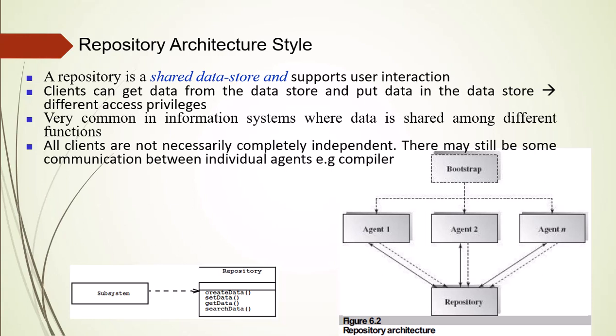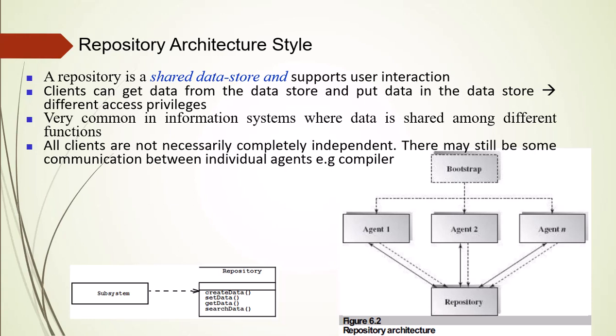It supports user interaction. Clients can get data from this data store and put data again in the data store. This means the users on the client side, the agent side, can retrieve the data, and then after processing or manipulating it, the data goes back to the data servers or storage devices.